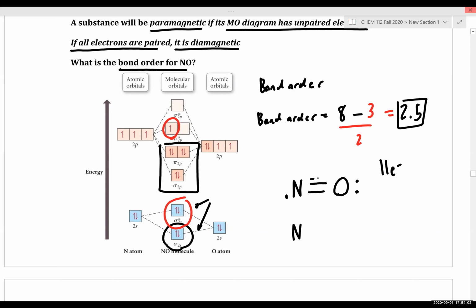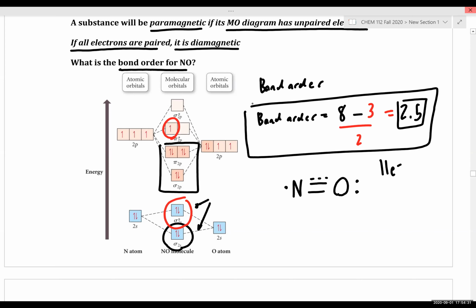We can describe the structure with these dotted or dashed lines, but the main strength of molecular orbital theory is it can describe bonding arrangements that Lewis structures often have difficulty accurately and precisely describing. Does everyone understand this bond order calculation?